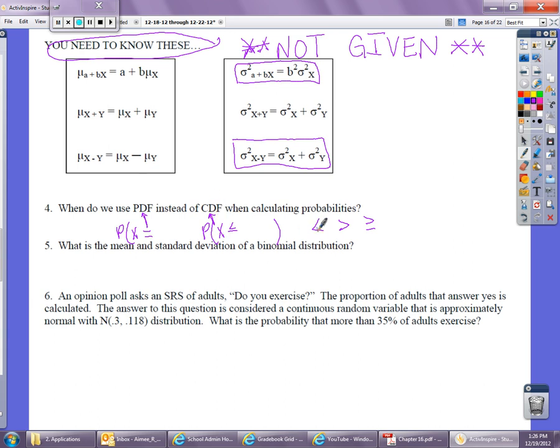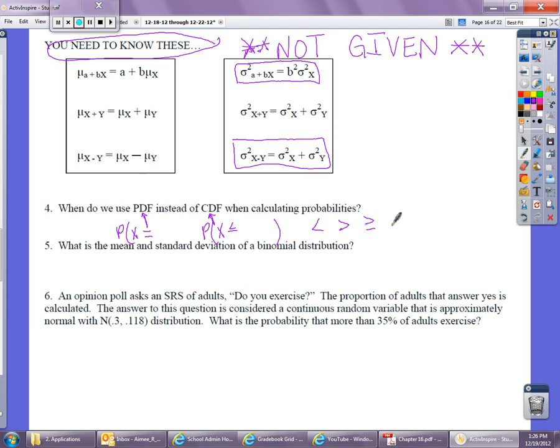Just with less than, you're going to include one less. With greater than, you're going to do the complement. And then with greater than or equal to, you're going to do the complement of one less. Okay? So just be careful. You are going to use the CDF when you have any inequality. It's just going to depend on what value goes in there for the K value.